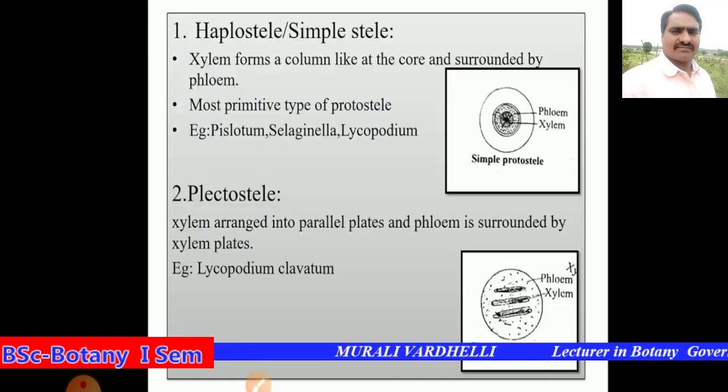The first one is haplostele or simple stele. What is haplostele, or haploprotostele, the simple protostele? In this haplostele, medulla or pith is absent at the center of the vascular cylinder.